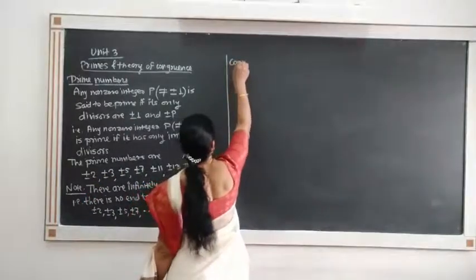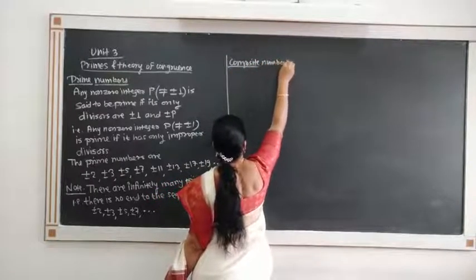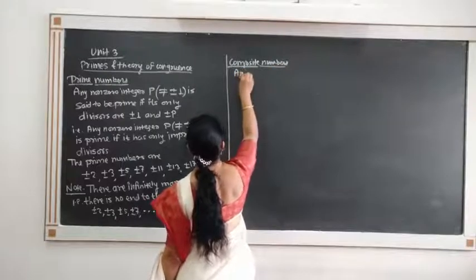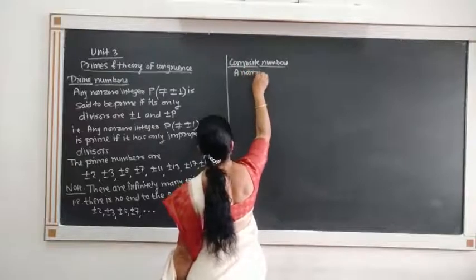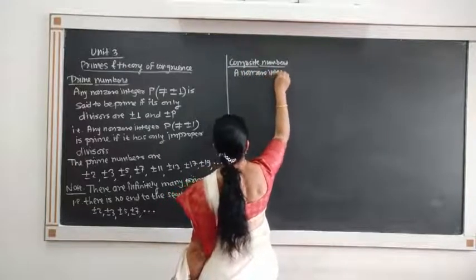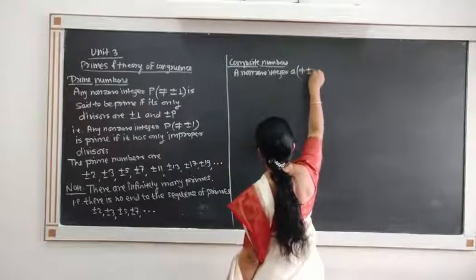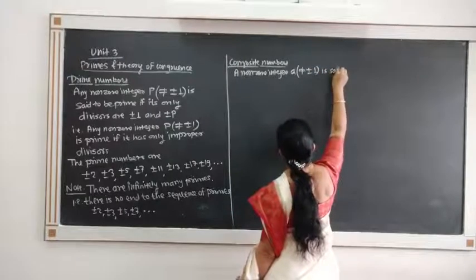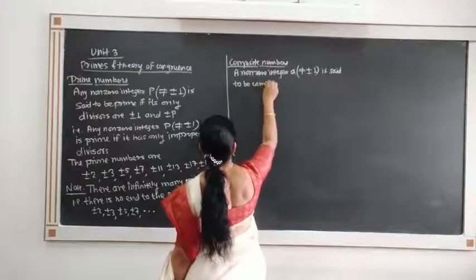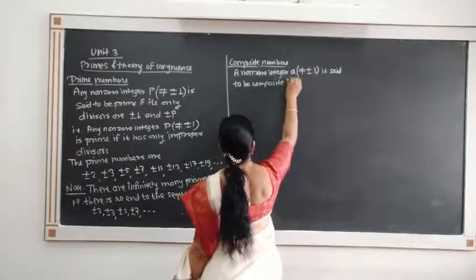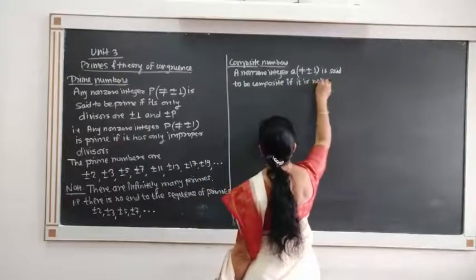So a composite number: a non-zero integer a not equal to plus minus 1 is said to be composite if it is not prime.